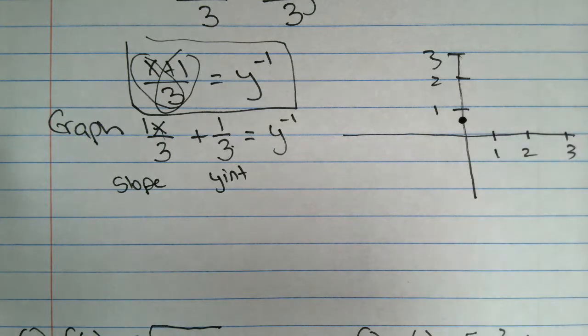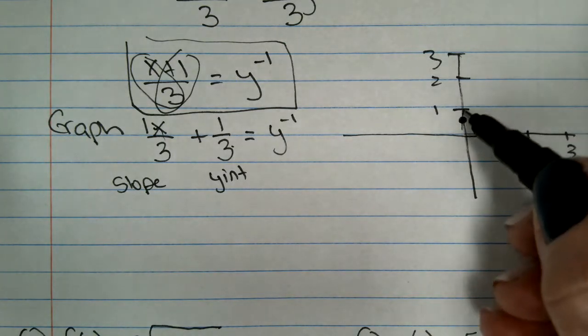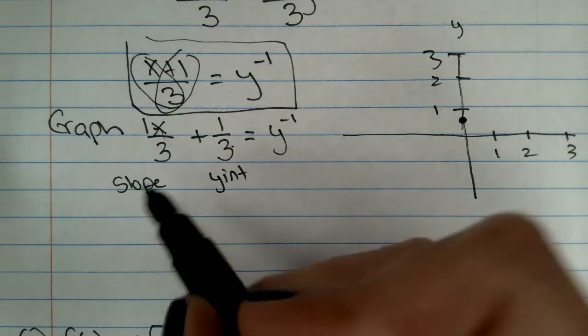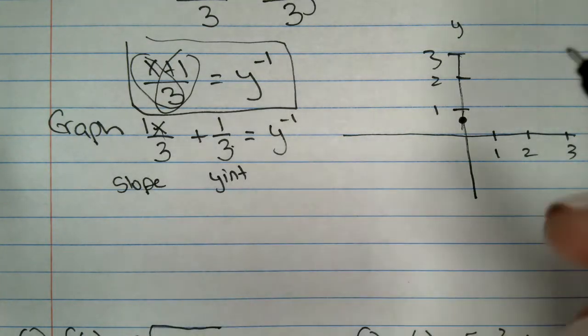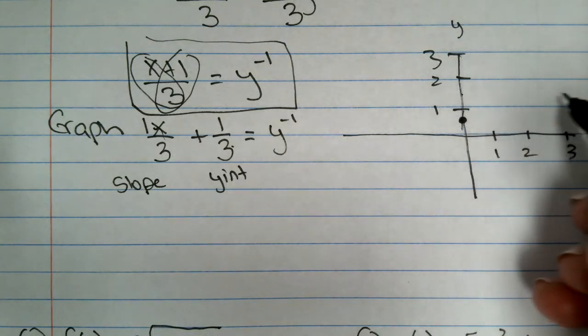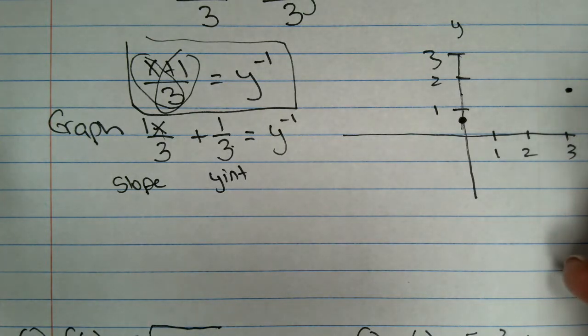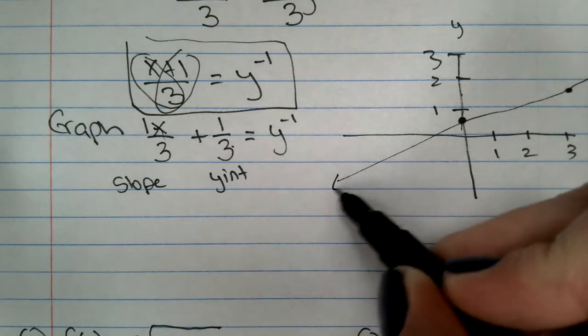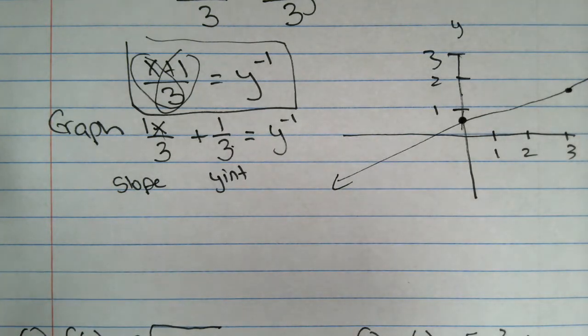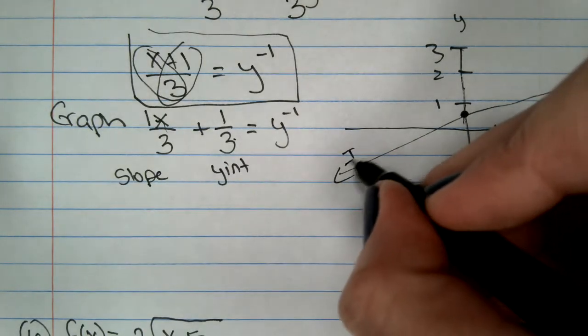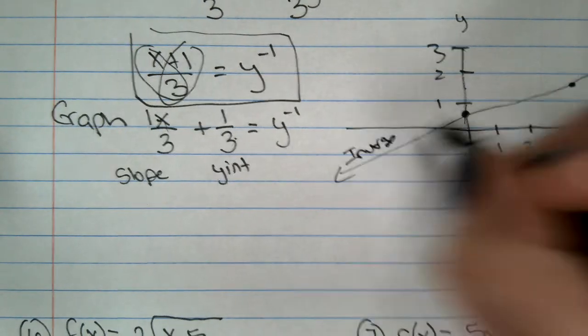So we're just going to estimate something in between 0 and 1 on the y-axis. And then I'm going to do up 1 and right 3. And that's probably good enough today. Connect the dots, and there is my inverse line.